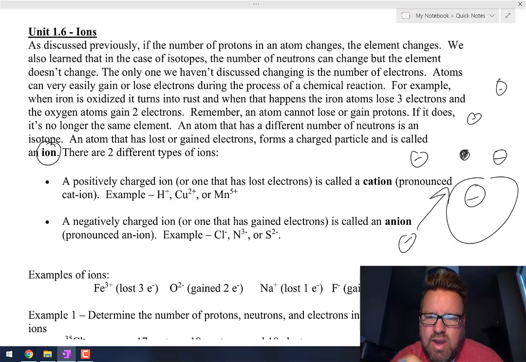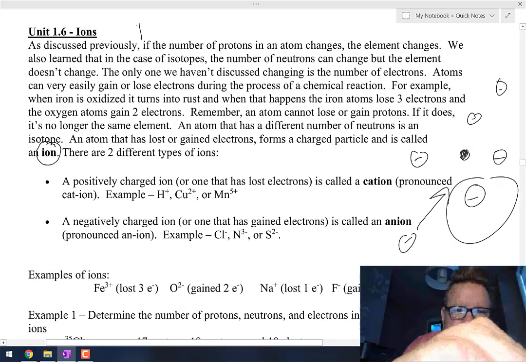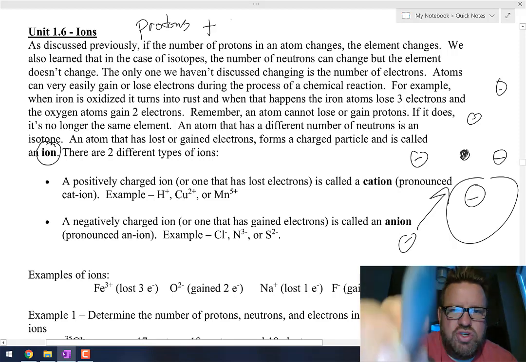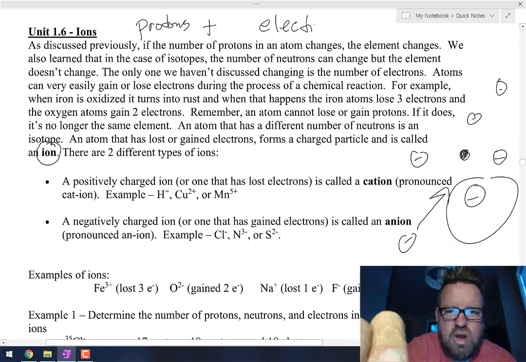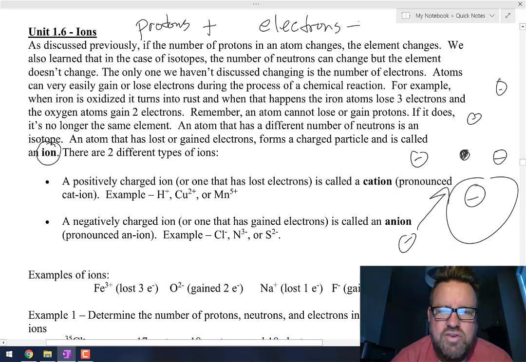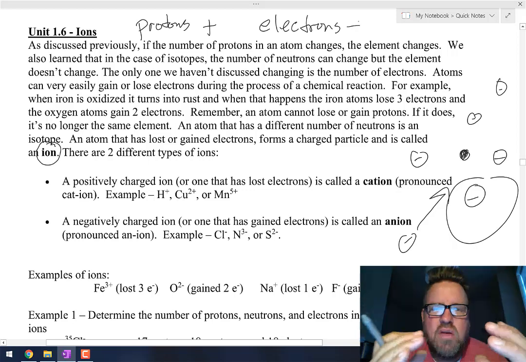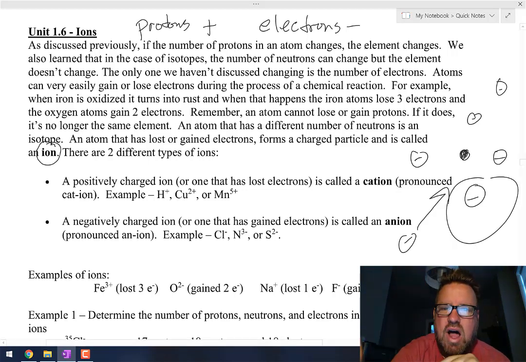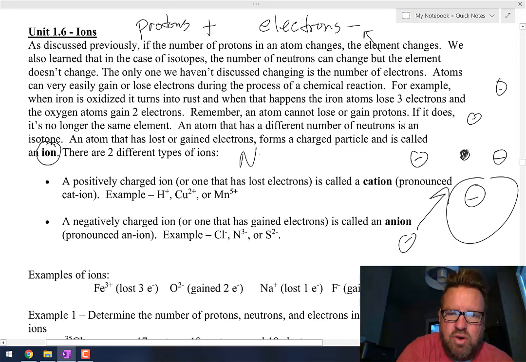Okay, now let's think about this. Protons, let's write this down. Protons have a positive charge. Electrons have a negative charge. So if an atom loses one electron, it has lost a negative charge. Okay, so let's look at, for example, sodium. Normal sodium has 11 protons and 11 electrons.